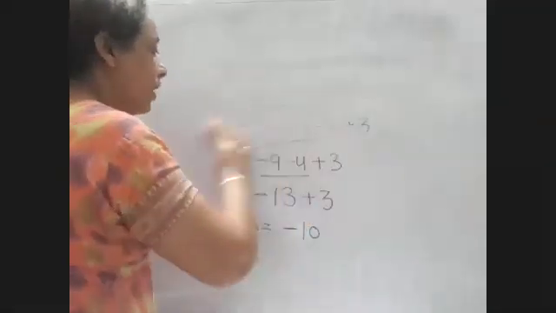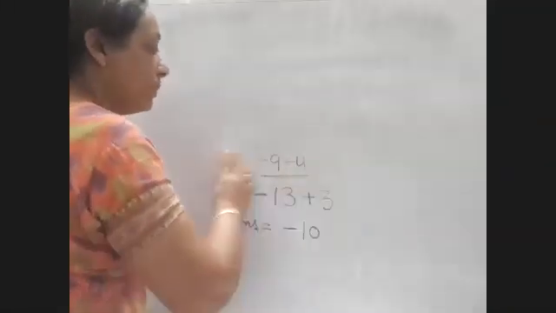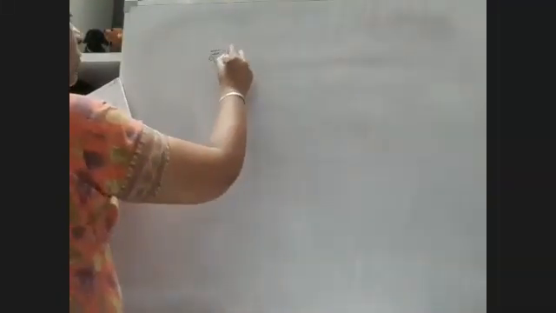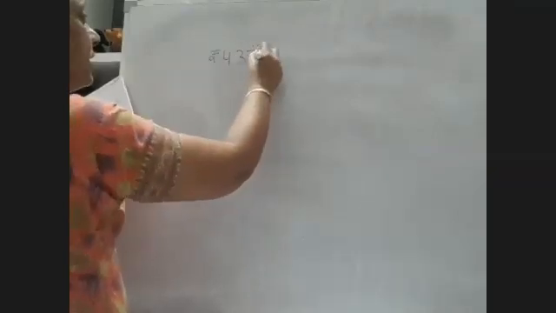Yes, friends. The amount which we deposit we will take as a positive number, and the amount which we withdraw we will take as a negative number. So write rupees 4,370.